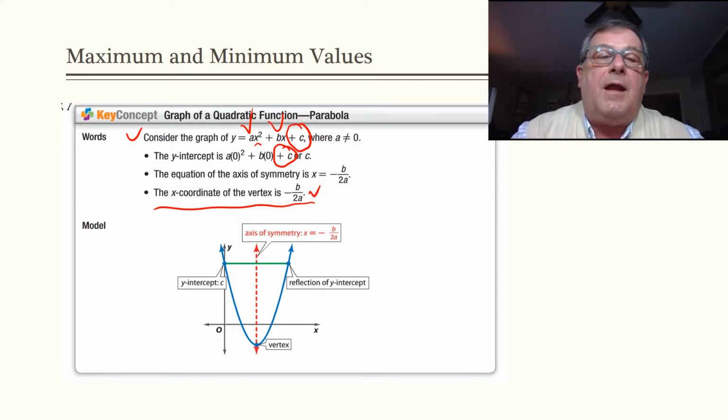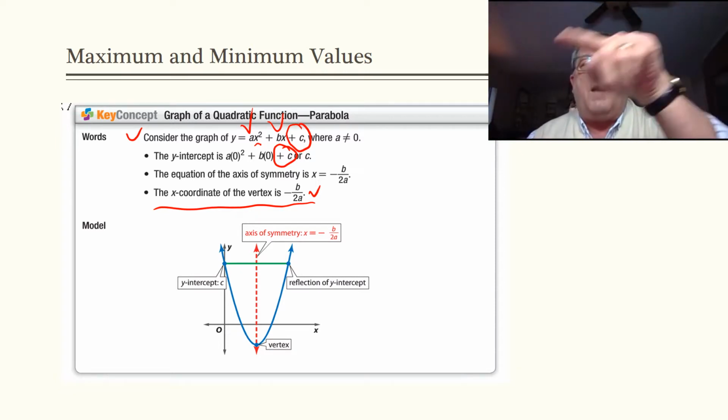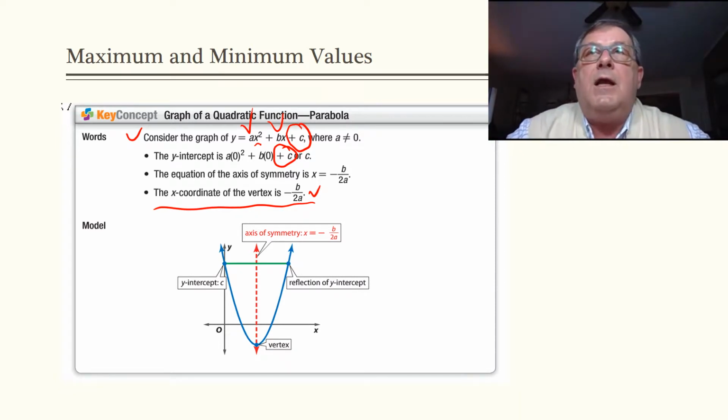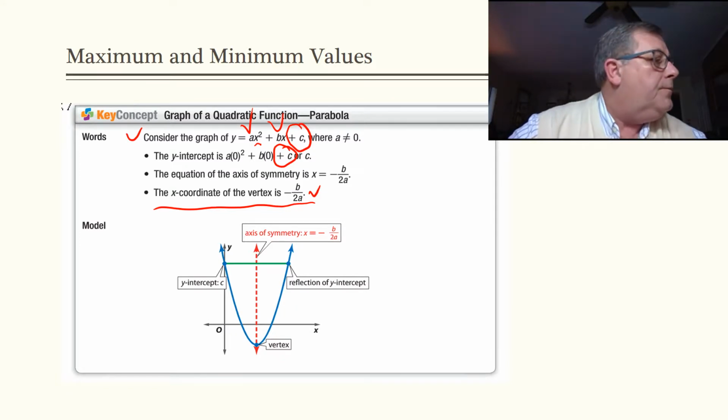Now, if that coefficient of x squared is a negative number, this is going to be arms down, an upside down parabola, and the y-coordinate at the vertex is going to give me a maximum value.